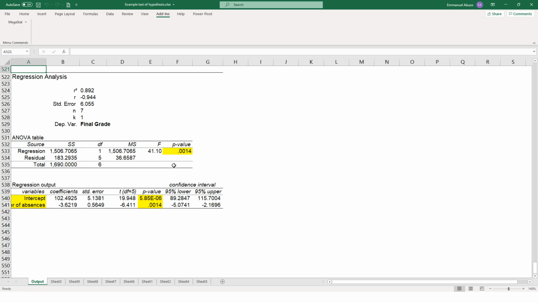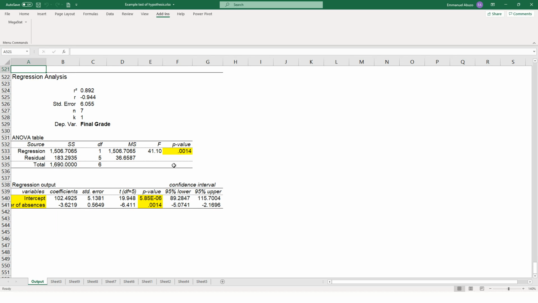And then our slope would be negative 3.6219, but rounded off negative 3.622. Now, the p-value in our number of absences would be 0.014. Therefore, there is a significant negative relationship between the number of absences and the final grade.